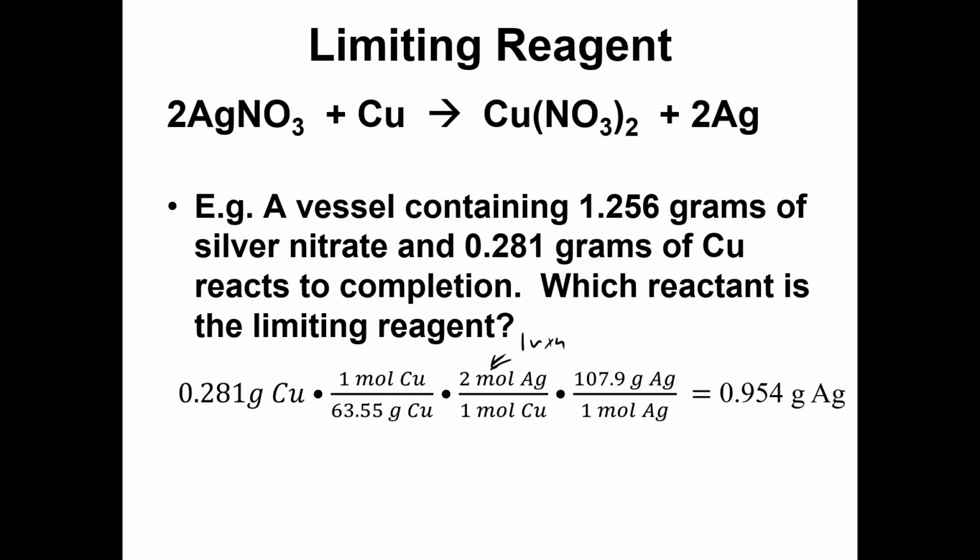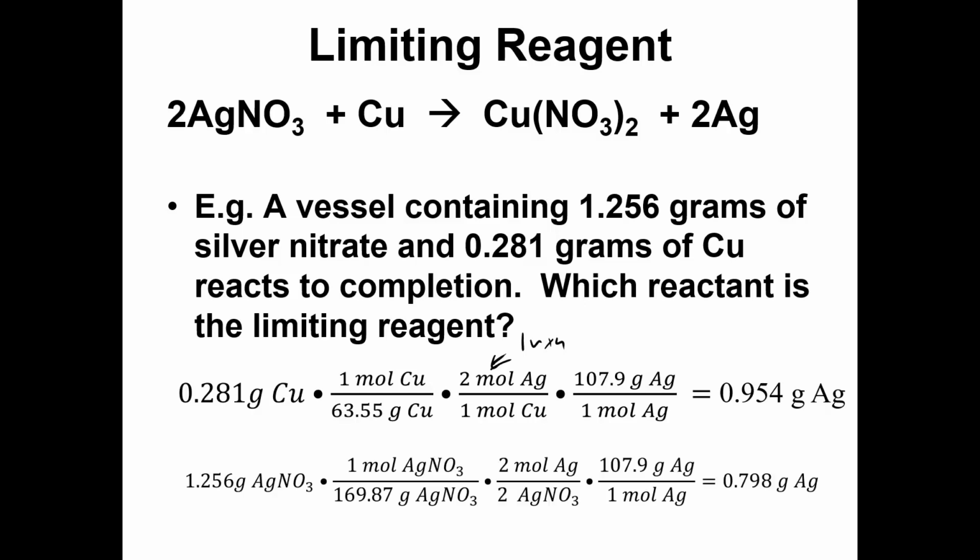And so that actually works out well. And so here you see if you used these quantities, you would produce only 0.798 grams of silver because silver nitrate is the limiting reagent.